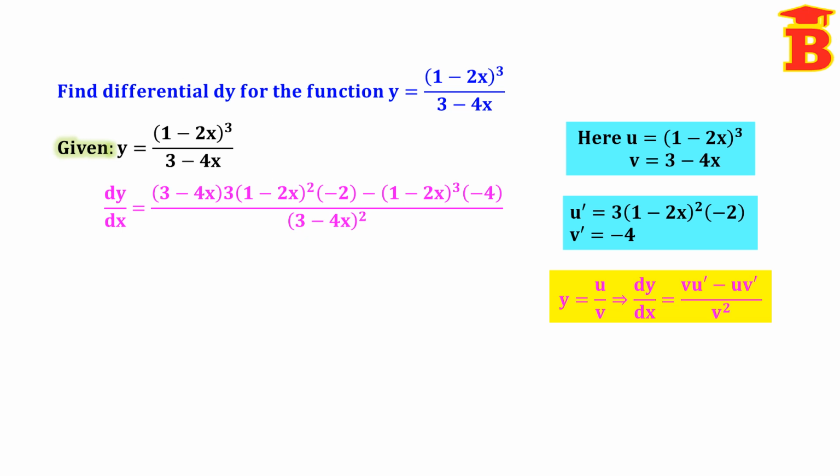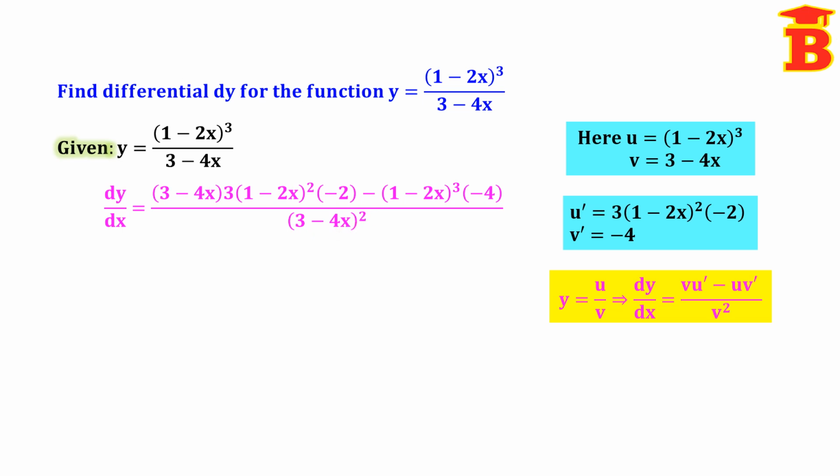So we use the formula v u dash minus u v dash divided by v square. So this is v into this is u dash minus u into v dash divided by v square.